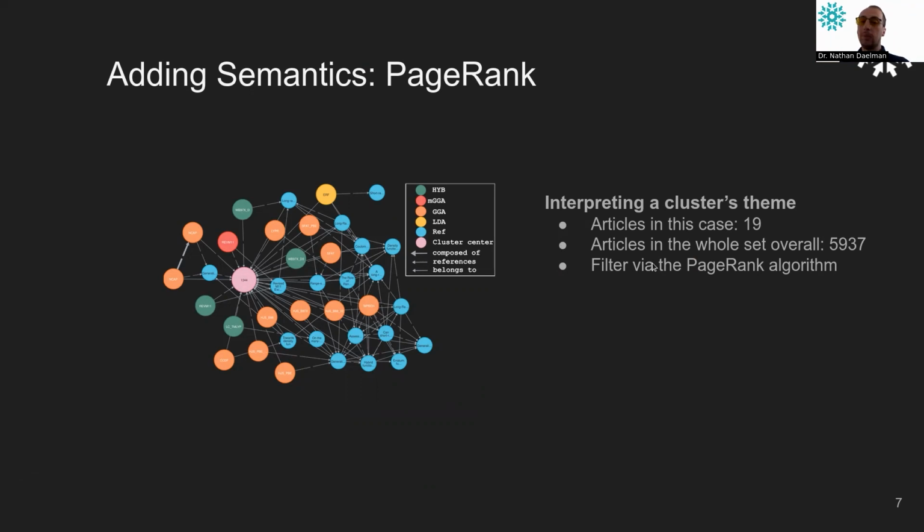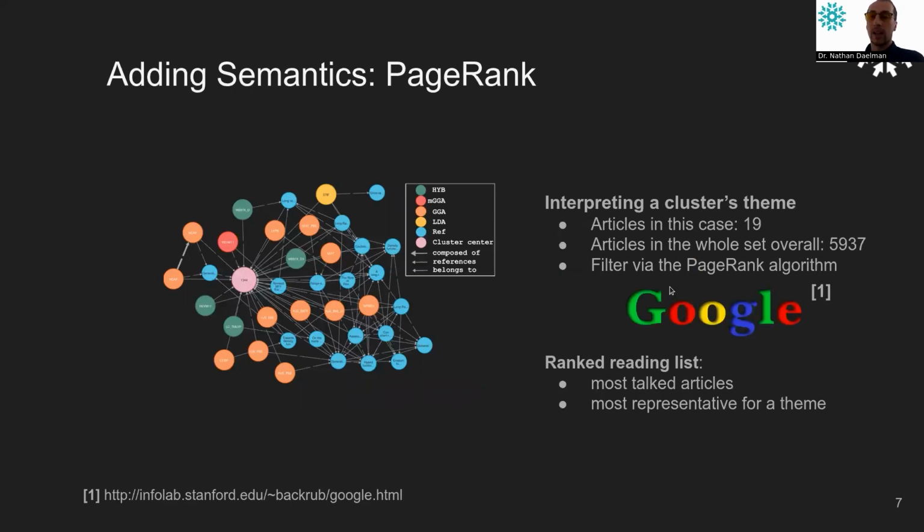Now, I'm sure that each and every one of you here is intimately familiar with PageRank, or at least you should be if you've ever Googled something. Indeed, PageRank was the original algorithm developed for the very first version of Google, that you can see here in the reference.